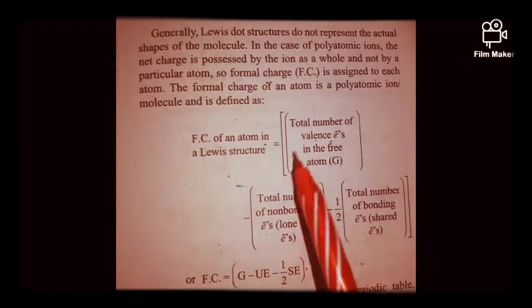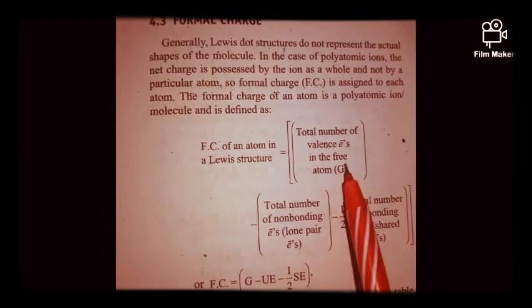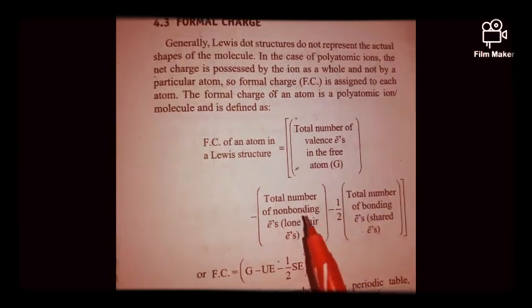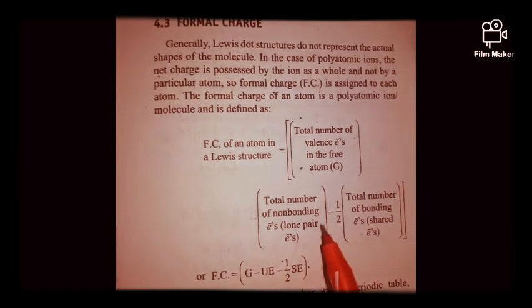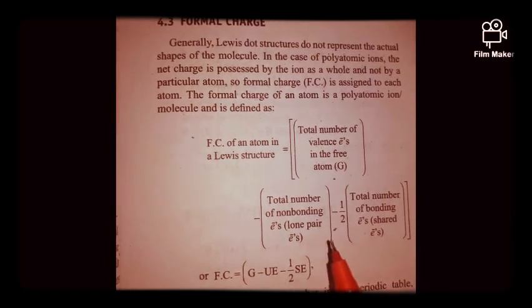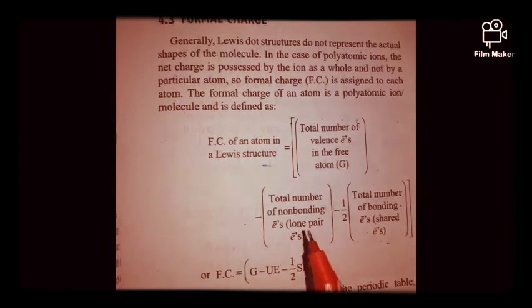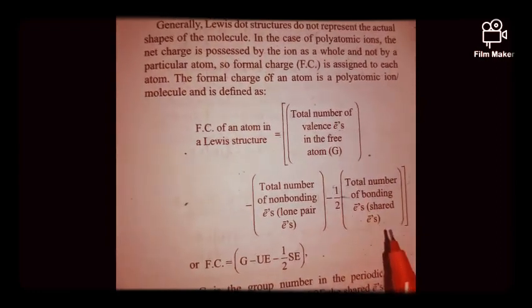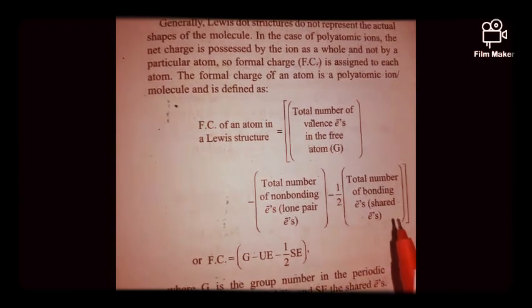So the total number of valency electrons in the free atom is represented by G, minus the total number of non-bonding electrons, the electrons which are not involved in the bonding, the lone pair of electrons, minus half into the total number of bonding electrons, which means shared electrons.